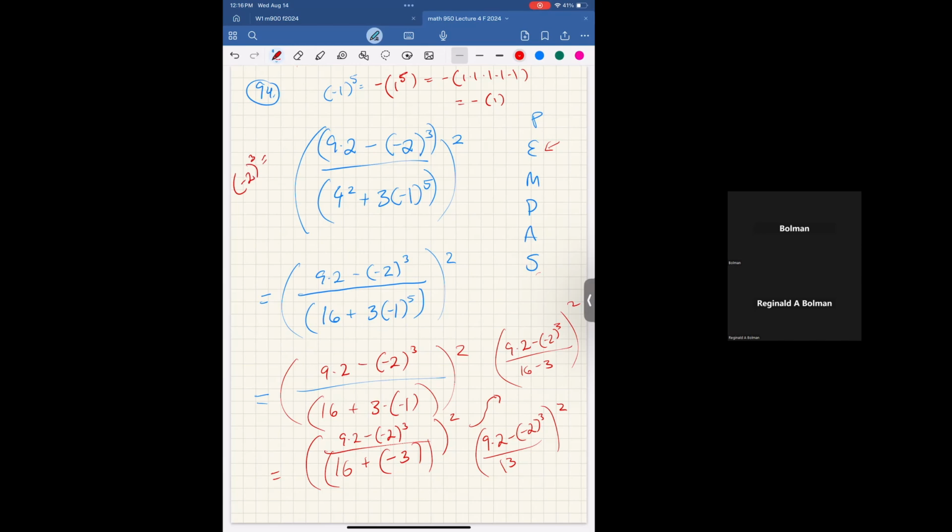Again, because of the negative exponent rule, we're taking -2 and raising it to the 3rd power. 3 is an odd number, so you can just slap a negative out in front and have 2 times 2 times 2. 2 times 2 is 4, times 2 gives you 8, so you will have a -8.